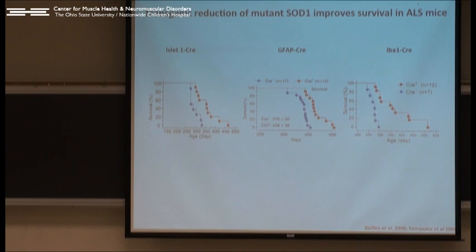So that's striking, because here I just said this is a motor neuron disease, and we all grew up reading our textbooks: it's a motor neuron disease. But when you selectively ablate the SOD1 only in motor neurons, you get a 20-day increase of survival. And I just told you a 50 to 60-day increase of survival.